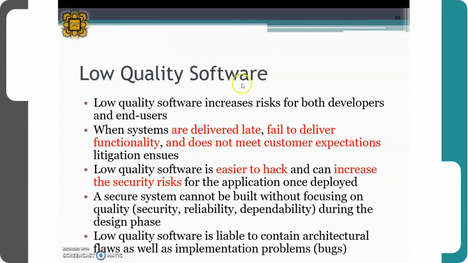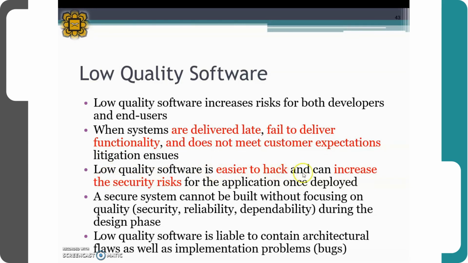Low quality software can mean a late delivery date, failure to deliver the functions you are expected to provide, or not meeting customer expectations. Low quality software is also easier to hack.